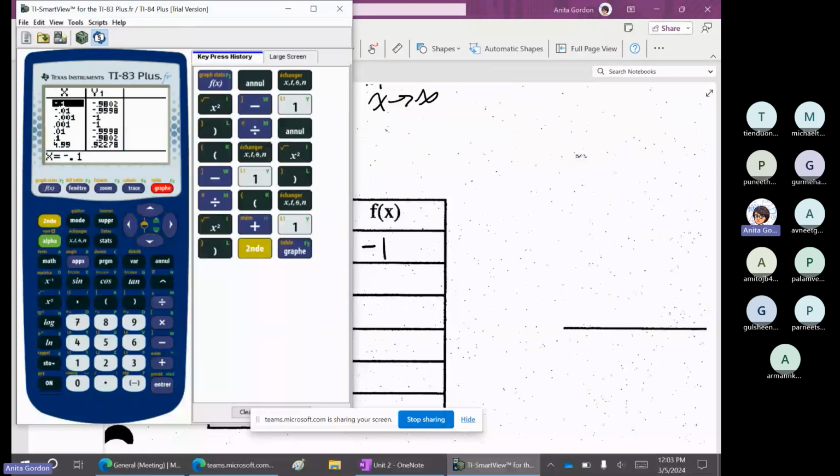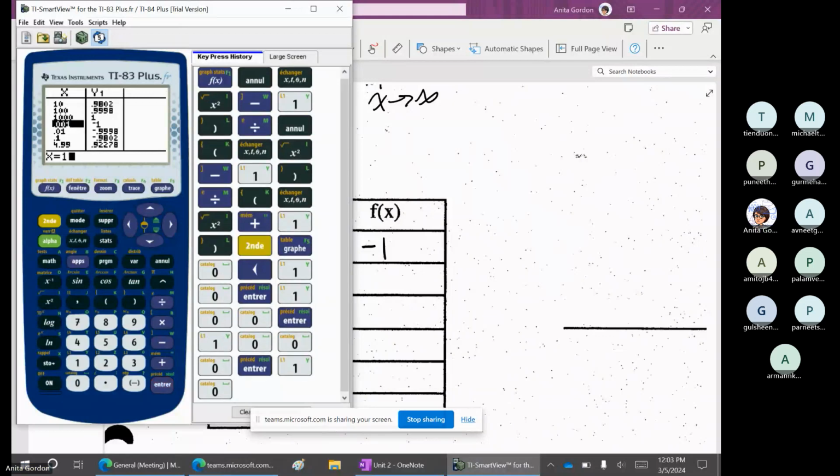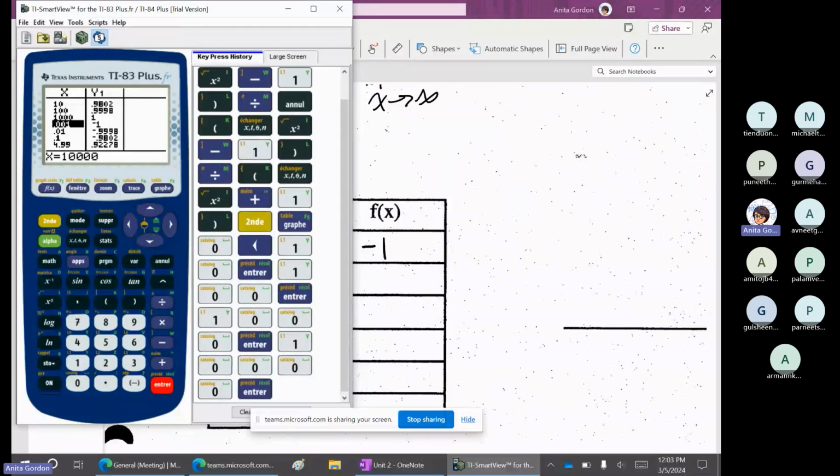Table, let's start with 0, or I already know what 0 is. So let's do 10, 100, 1000. And my calculator can't round off that many, so it's already giving me a 1 here.